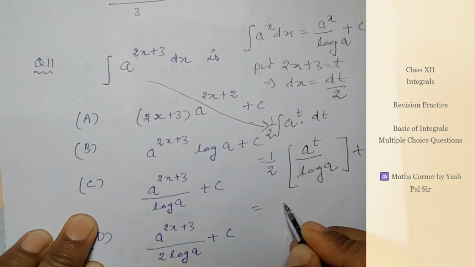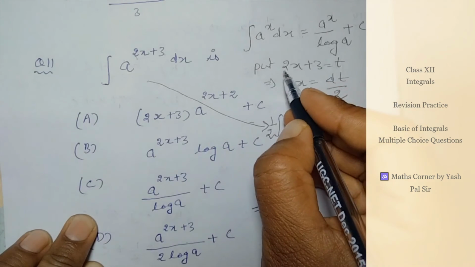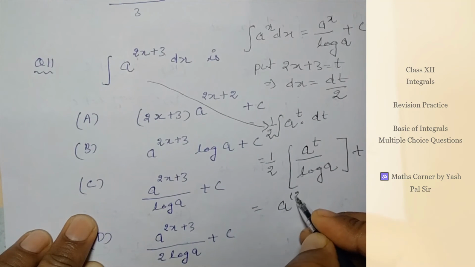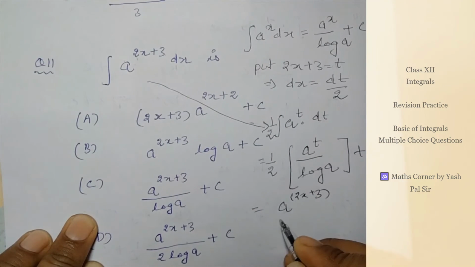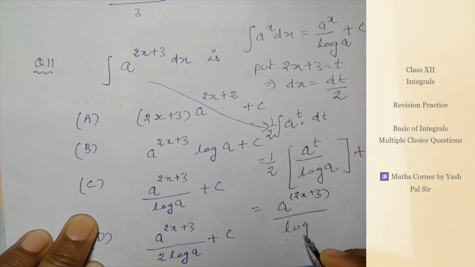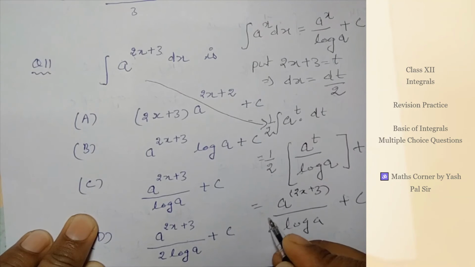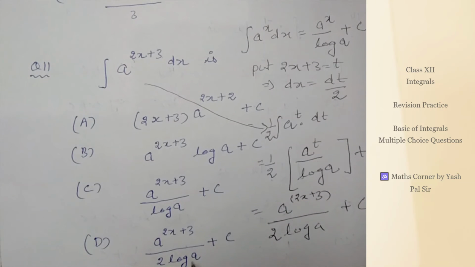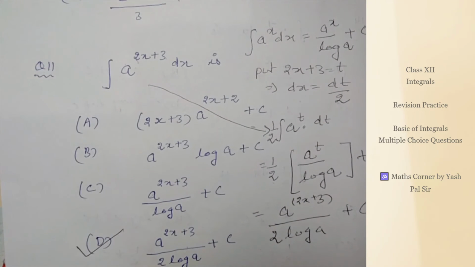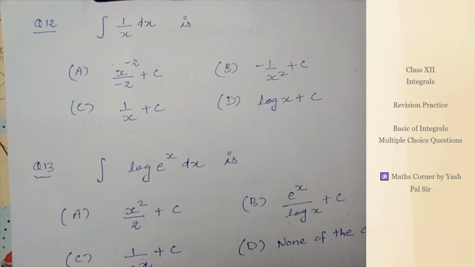That is a raised to power t, t mean 2x plus 3. a raised to power 2x plus 3 divided by log of a plus c, and this is 1 upon 2 outside. It means option number D is the right choice.